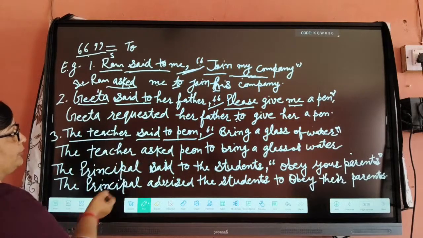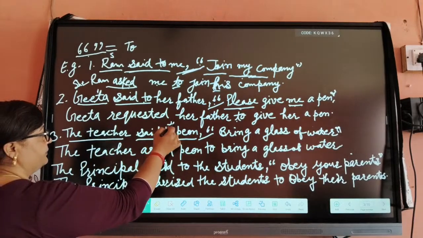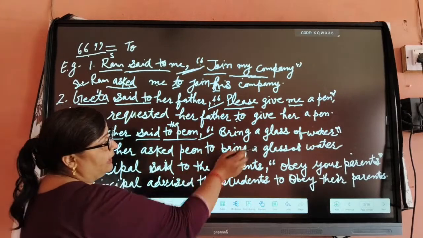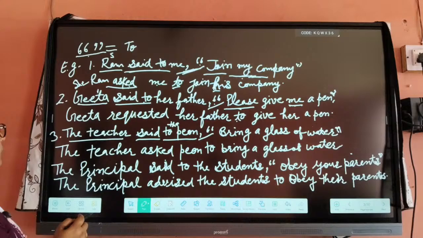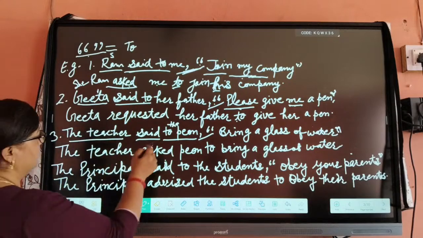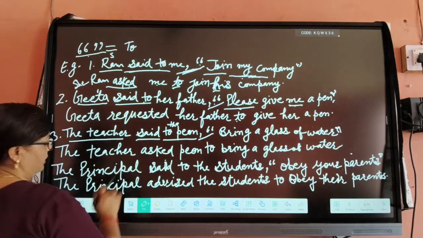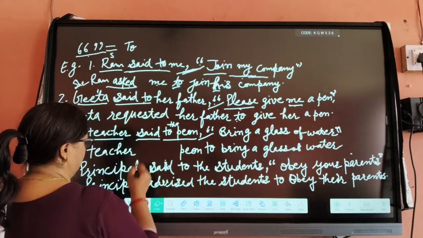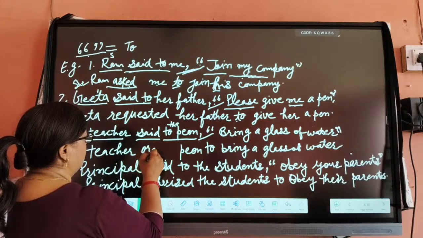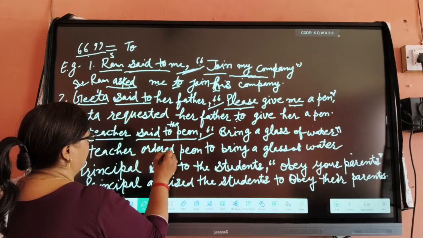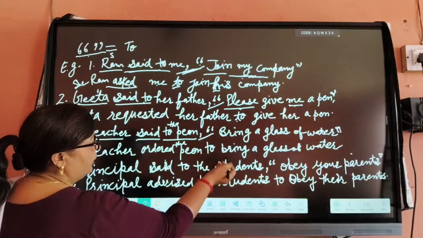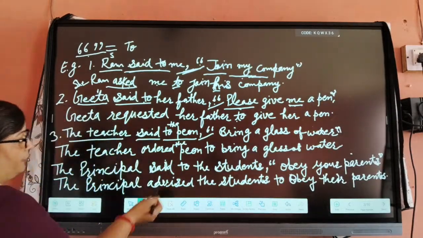The teacher said to the peon, bring a glass of water. It means he is giving an order. Here it will be ordered. The teacher ordered the peon to bring a glass of water.